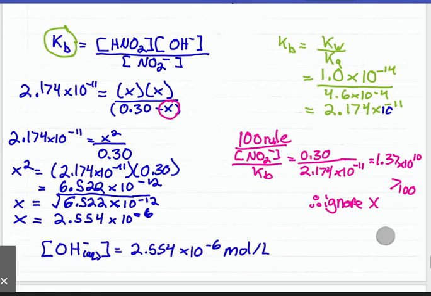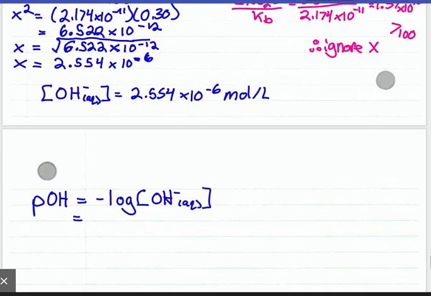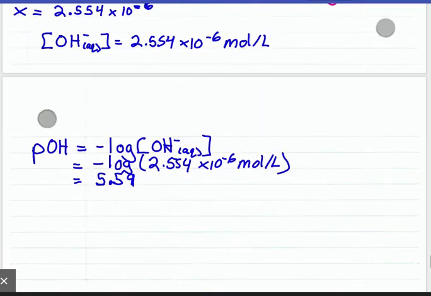So you can take this hydroxide ion concentration and now put it in a pOH calculation, because you know pOH is going to be negative log concentration of hydroxide. So you calculate pOH to be 5.59, and then such an easy calculation now to calculate your pH.